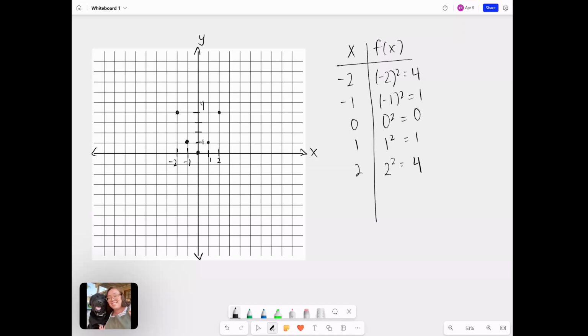Now, this graph does extend on forever, towards infinity in both directions. I don't need to graph all those points, but this does give me a pretty good idea of what this graph looks like. It's a little shaky. I'm going to try to clean it up.